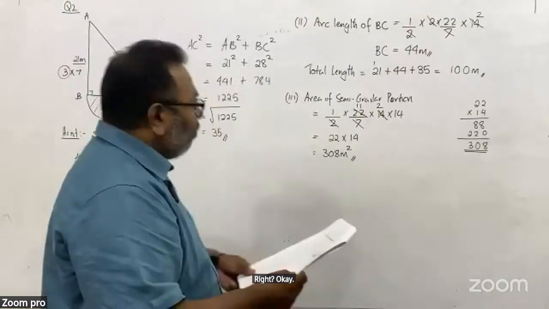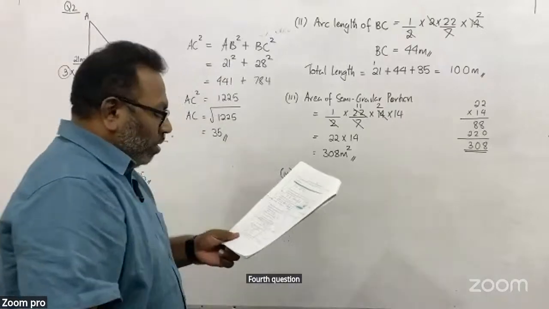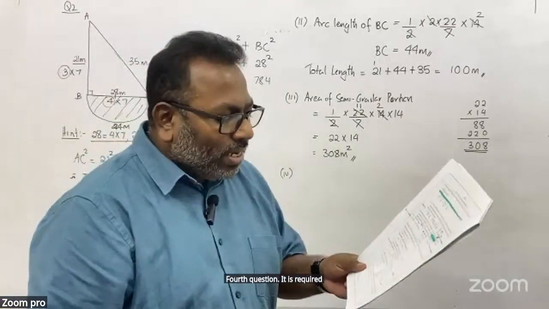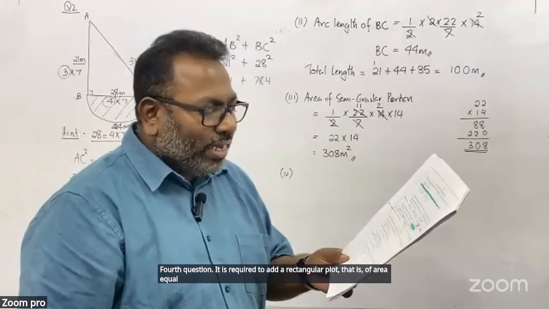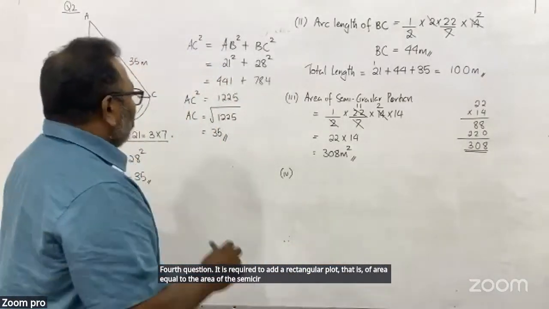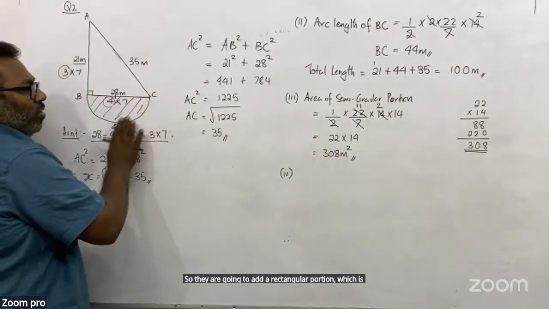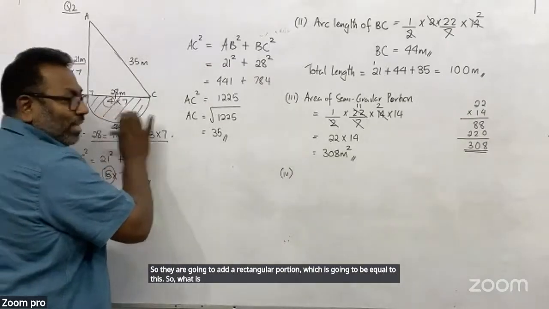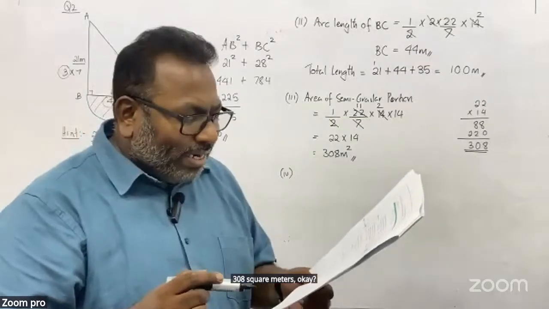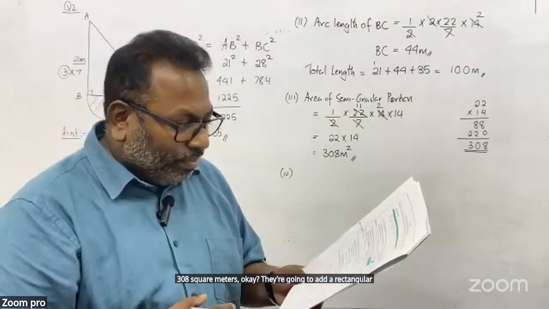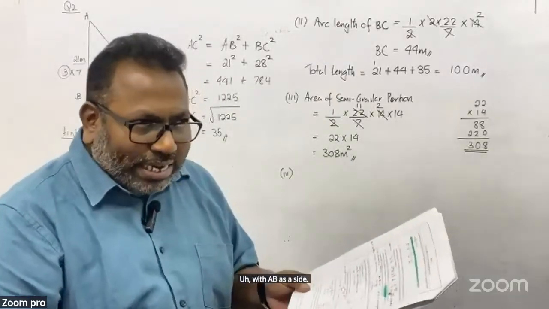Going into the fourth question. It is required to add a rectangular plot that is of area equal to the area of the semicircular portion. So they are going to add a rectangular portion which is going to be equal to this. So what is the area of this semicircle? 308 square meters. Okay, they're going to add a rectangular portion with AB as a side outside the triangular portion.